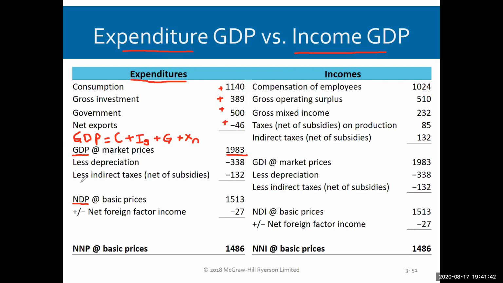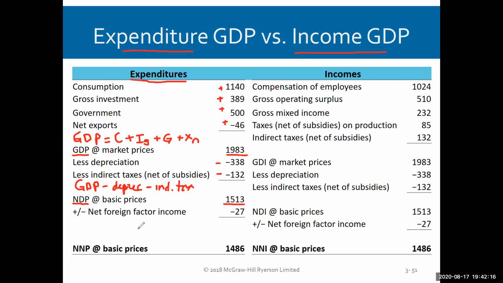But if we take GDP, gross domestic product, and we subtract the depreciation and the indirect taxes, that's these here, then we end up with net domestic product, and in this case, it's at 1513. So you see we're going from gross domestic product to net domestic product, just using those simple categories, which you'll always be able to figure out. It doesn't get any more complicated than this.